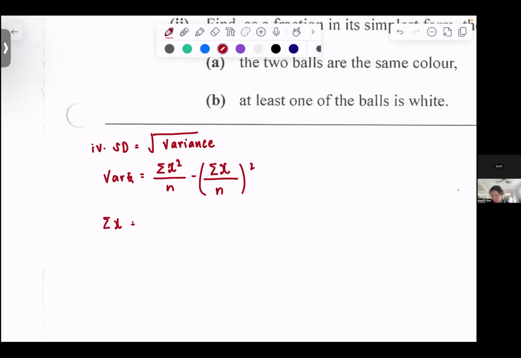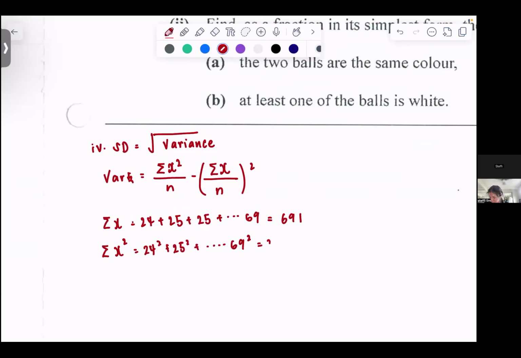It's just 24 plus 25. Basically, just add all of the students' times. That would give me 691. How about the sum of all my entries individually squared? 24 squared plus 25 squared all the way until 69 squared.